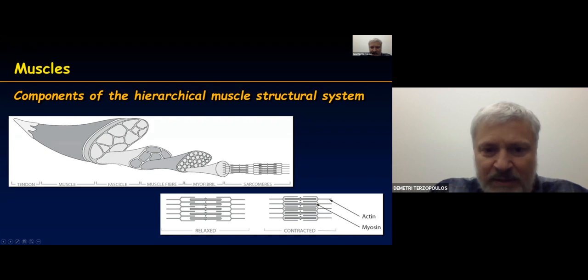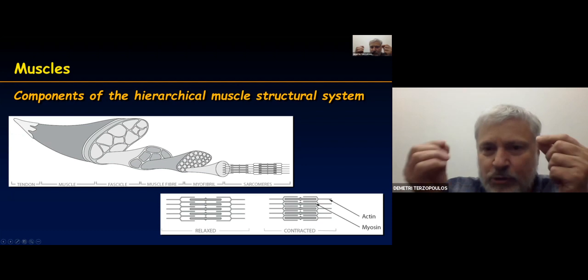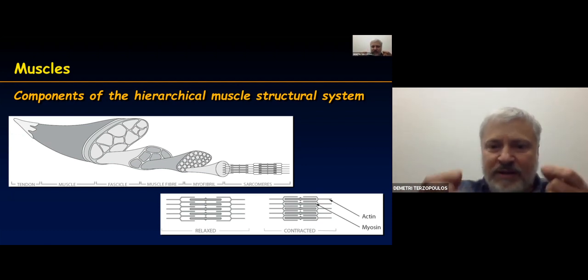Each fascicle is composed of muscle fibers, a bundle of muscle fibers. And then each muscle fiber is a bundle of myofibrils. And each myofibril finally is many sarcomeres over here, which are basically the motors, the contractile motors of the muscle.